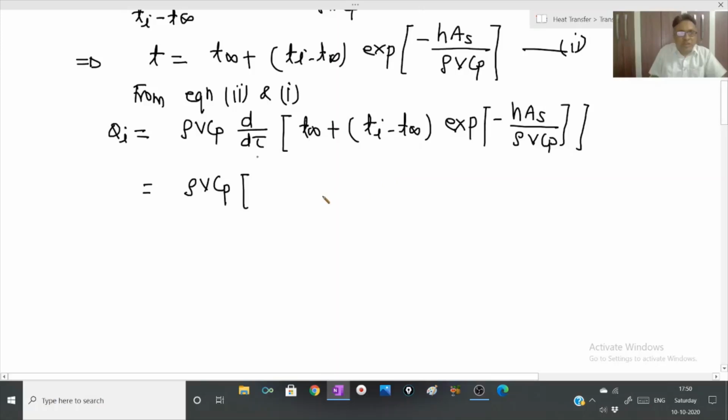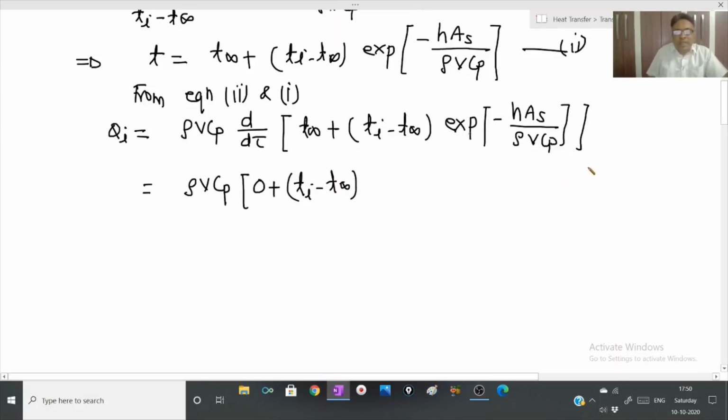Differentiation of T infinity with respect to time will be 0 as it is constant. Ti minus T infinity will also remain constant because both are constant.